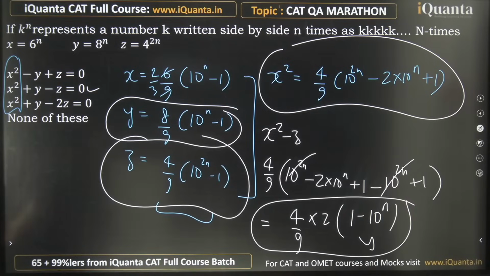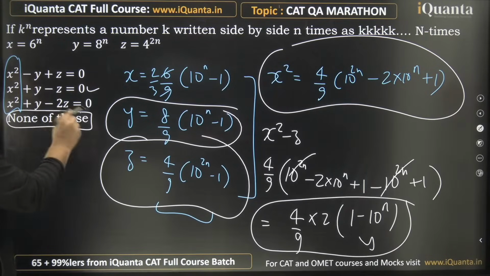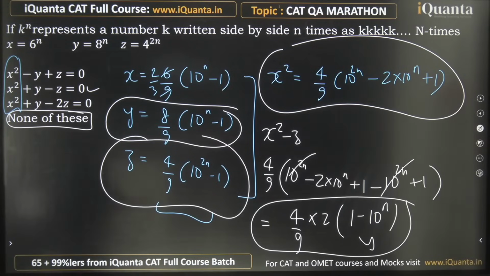Clear everyone? Just make sure that in the exam the none of these option doesn't come. If it is not there, you can just put n equal to 1 and get the answer. But if it does come, then we may have to do it this way. Atul, you can take n equal to 2, 3, anything, it doesn't really matter.